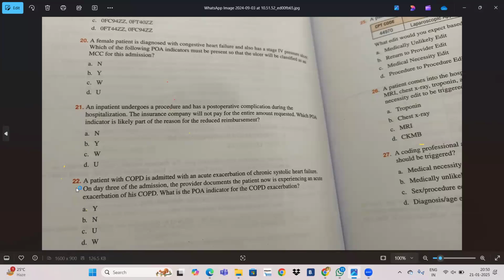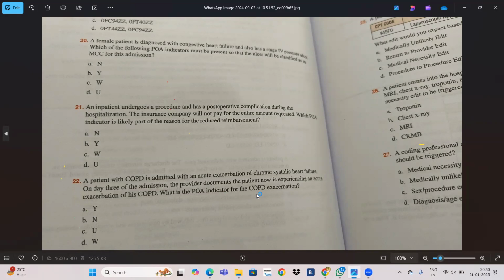Sorry, the patient was admitted with acute exacerbation. It is considered as S. I didn't get you, bro. The patient is admitted with an acute exacerbation of chronic systolic heart failure. On the third day, the provider documents the patient is now experiencing an acute exacerbation of COPD. They are asking what is the indicator you will assign for COPD exacerbation. S only.